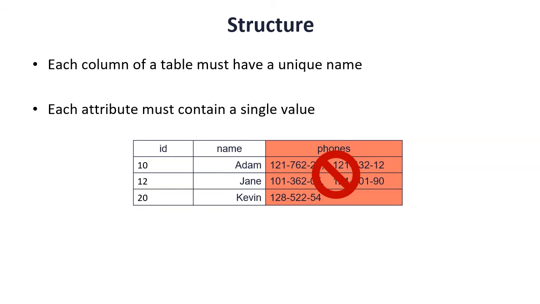If you wanted to have multiple phone numbers for a given student, you would either need to have separate columns like phone 1, phone 2, phone 3, and so on. Or there's an alternative approach that we will learn later in this course. So for now, let's remember that for one attribute, we can only have one single value.